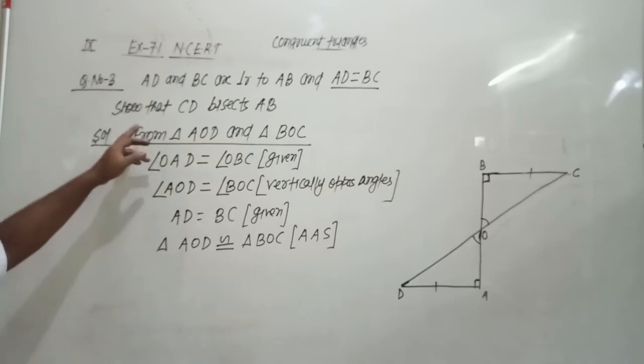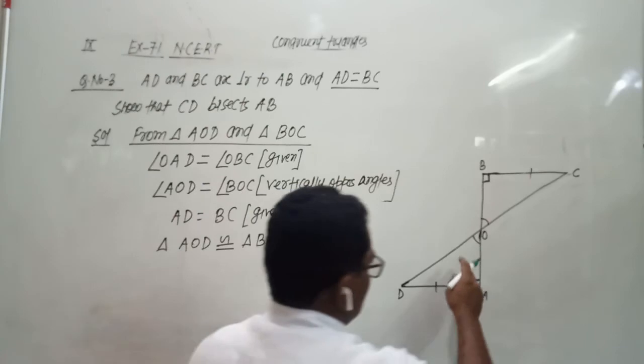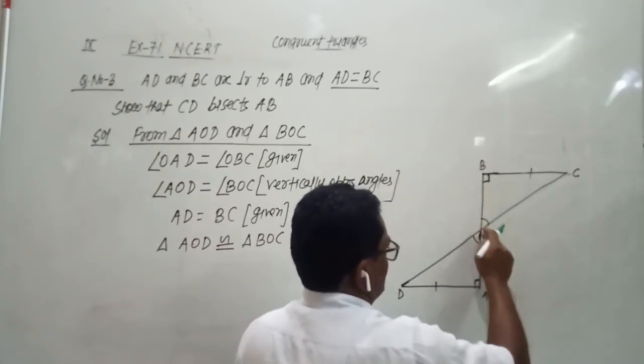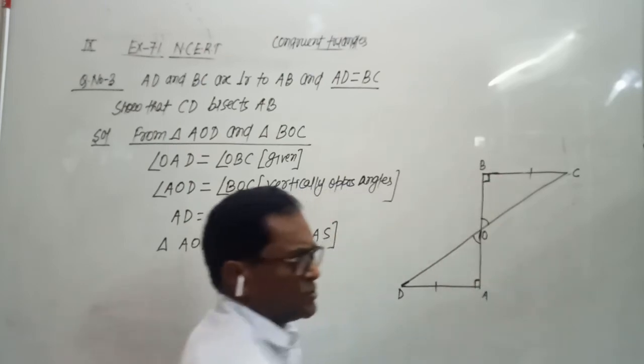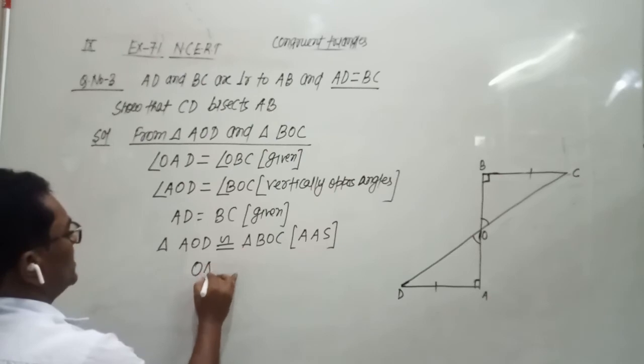And we also have to show that CD bisects AB. If these two triangles are congruent, then their corresponding sides OA and OB must be equal. So OA equals OB.